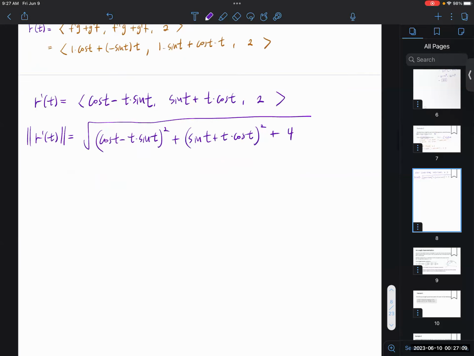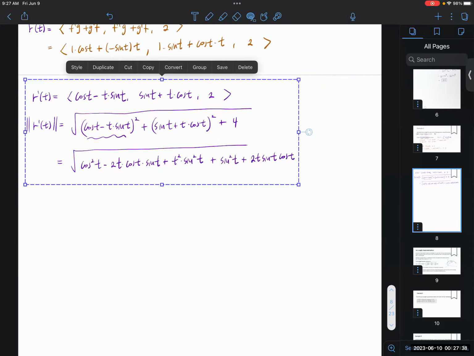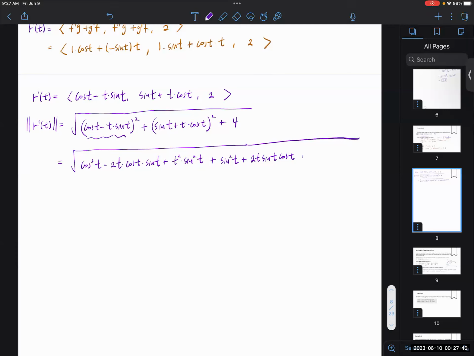So let's expand it. Expanding the first parenthesis: cosine squared t minus 2t cosine t sine t plus t squared sine squared t. And then the next one: sine squared t plus 2t sine t cosine t plus t squared cosine squared t, plus 4.